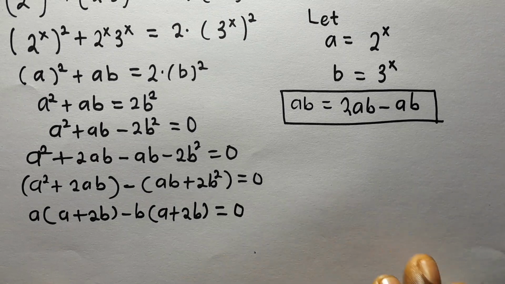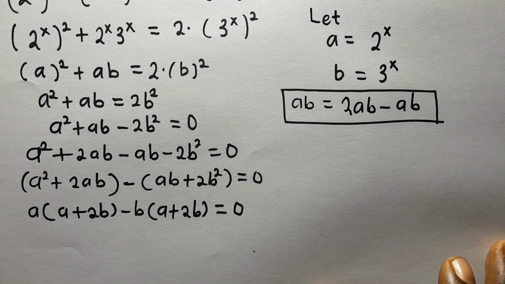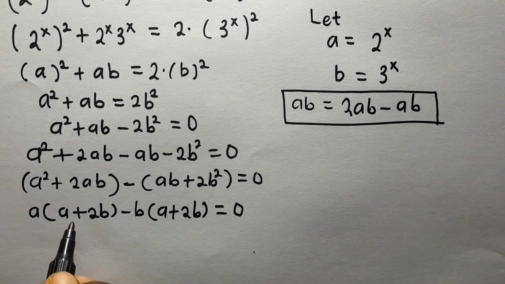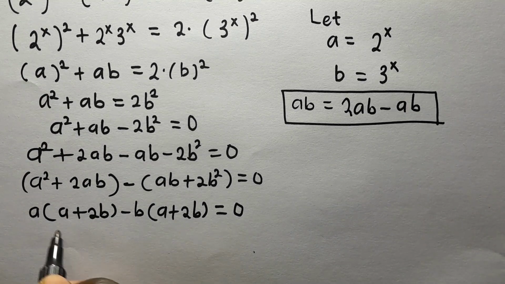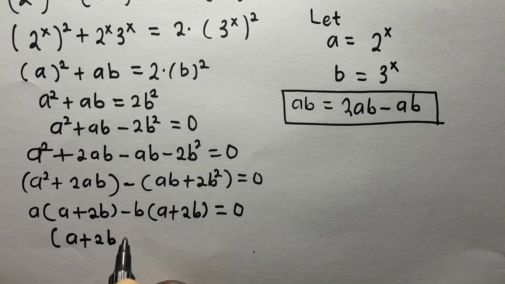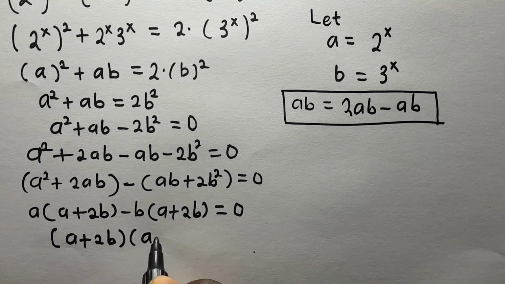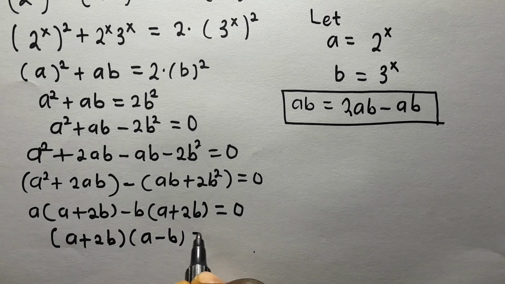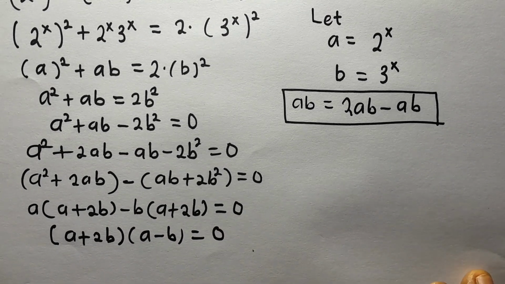Everything equals 0. So now from here, a plus 2b is common. We can take them: a plus 2b, and then we have a minus b equals 0.